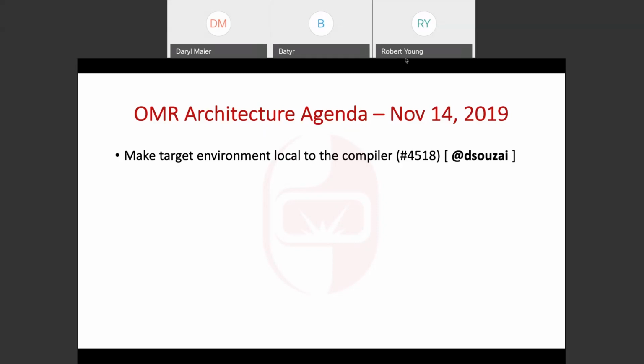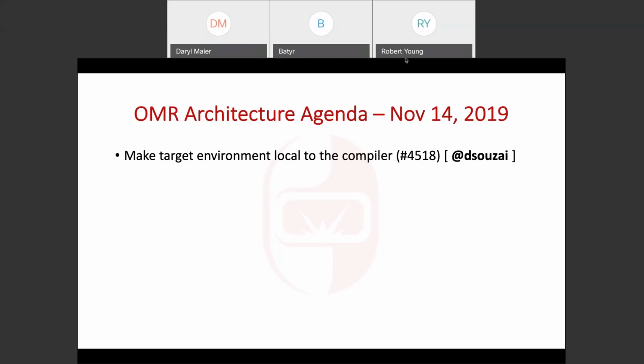By that I mean the AOT compilation actually happens in the process, and the runtime can decide if it wants to do a relocatable compile. So the problem there becomes, if the target is global, then the target processor features you're targeting have to apply for both JIT and AOT compilations.